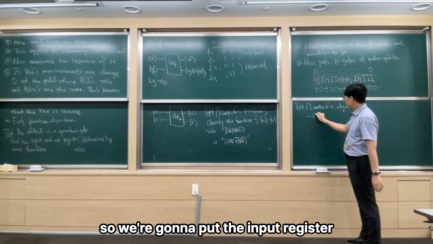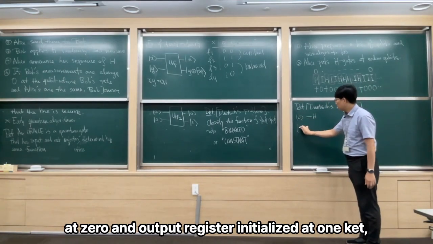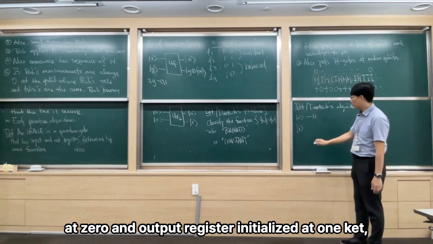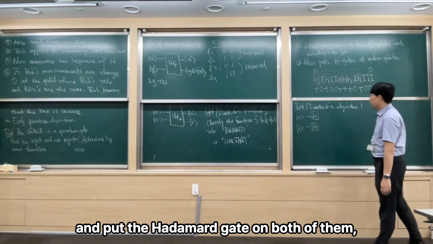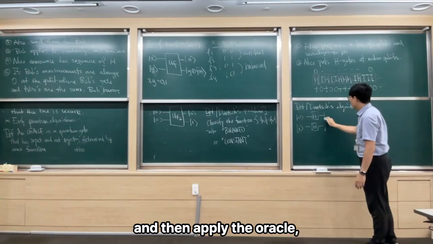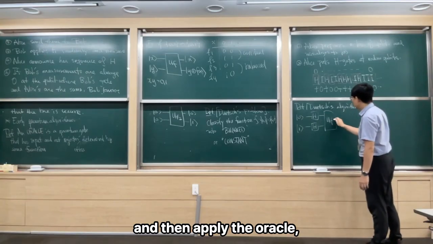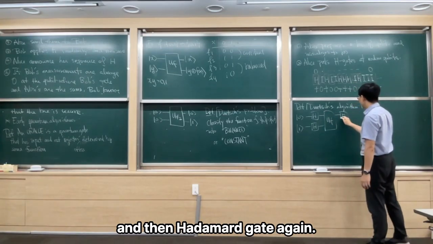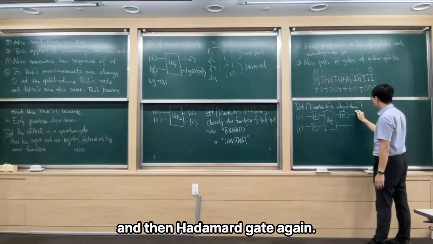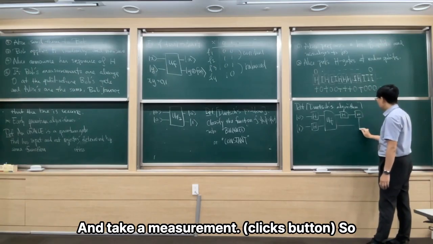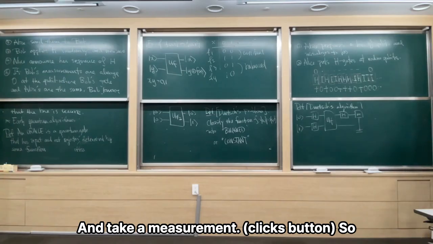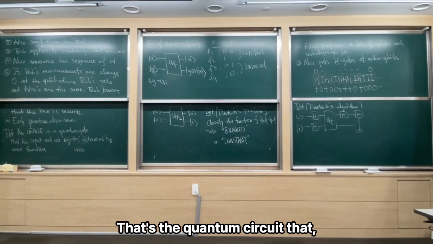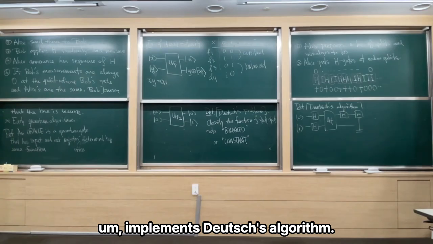We put the input register at 0 and the output register initialized at 1 ket, and put the Hadamard gate on both of them, and then apply the oracle, and then the Hadamard gate again, and take a measurement. So that's Deutsch's algorithm. That's the quantum circuit that implements Deutsch's algorithm.